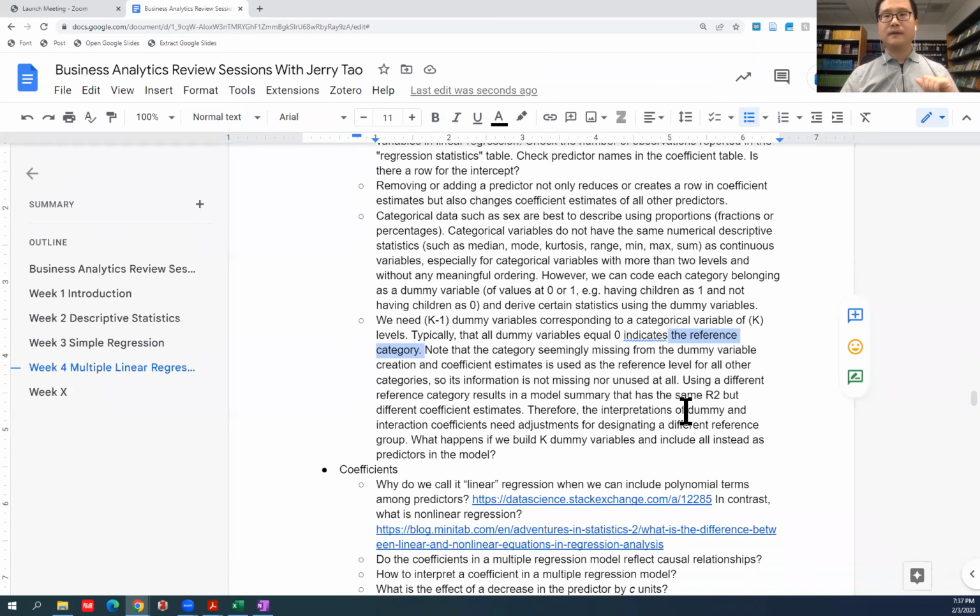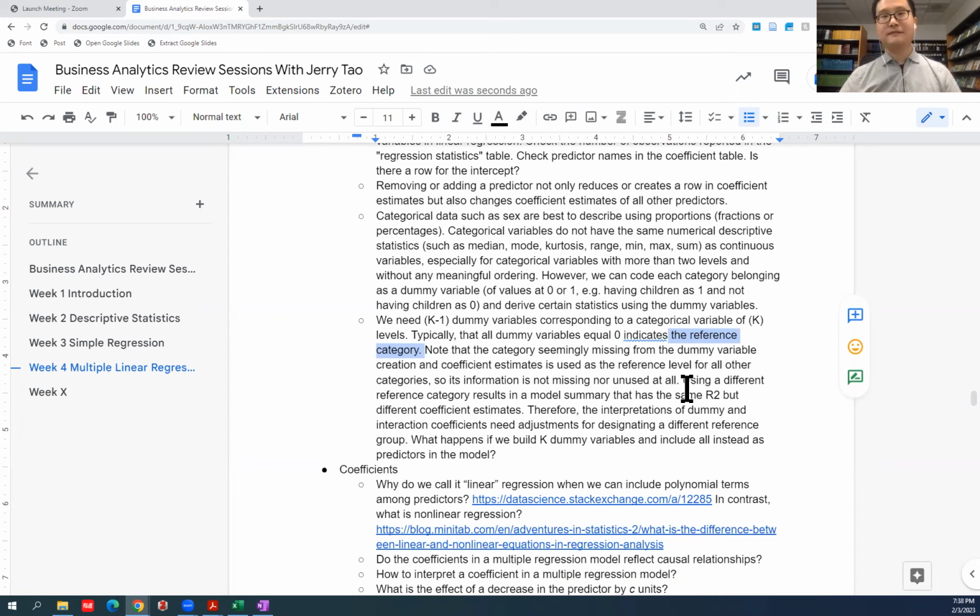And using a different reference category is arbitrary. It's just our preference or the researcher's choice. There's nothing correct or wrong by choosing a different reference category. We will notice very soon that this does not affect R squared.